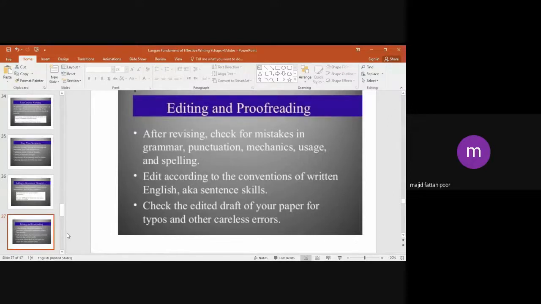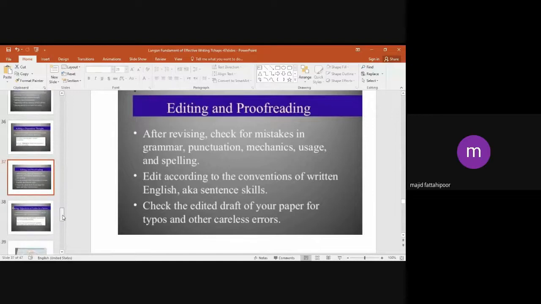And the next one, editing and proofreading. After revising, you check for mistakes, and we talked about that, and you edit according to the conventions of written English, and check the edited draft. The only thing which is new here I want to explain is the proofreading stage. Proofreading means give someone else.